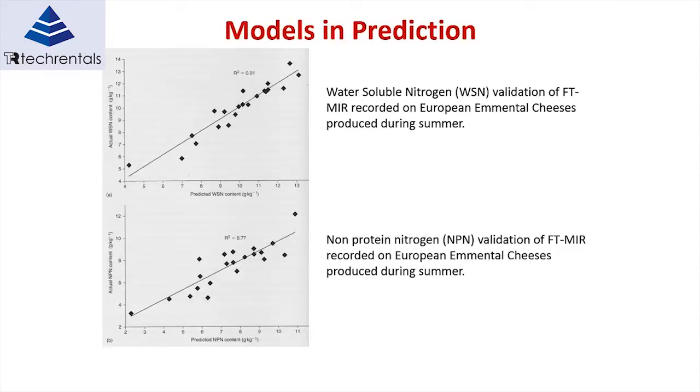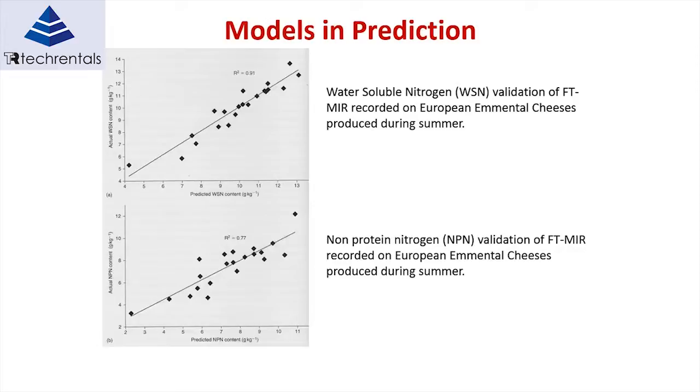And here's a few examples of models in prediction. The top one is water soluble nitrogen in cheese, which is measured using a Fourier transform spectrometer.